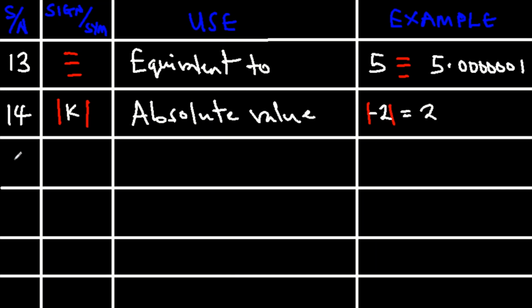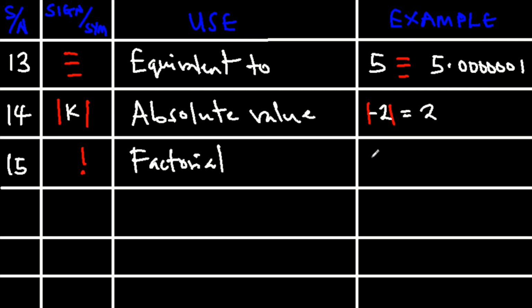Now the next symbol I'm going to be showing you guys is this symbol. This symbol is called the factorial symbol. The factorial symbol is used whenever we want to get the factorial of a number.